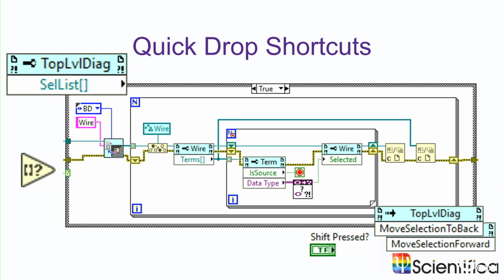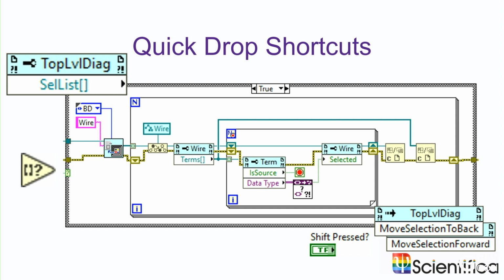So first of all, let's have a look at the selection list. If items are selected, we don't execute any of this, and we either move selection to the front or back. If nothing is selected, so we have an empty array, we're going to use the Traverse for GObjects scripting function. That's going to return a reference to all wires on the block diagram. From there, we're going to look at where these wires start and finish.